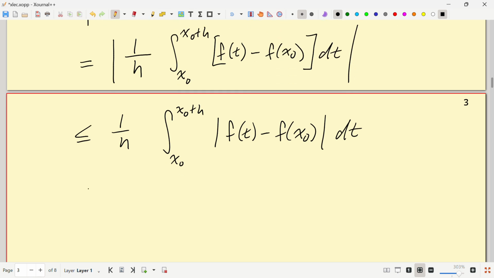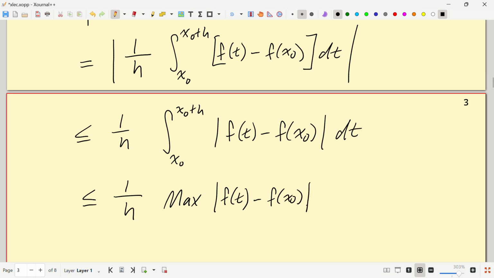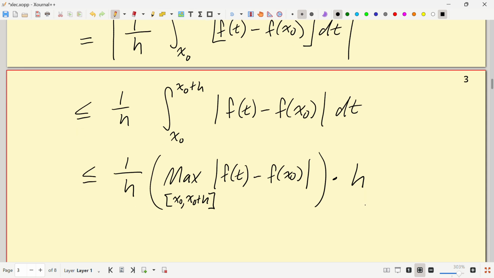Another basic estimate is that this is less than or equal to 1 over h times the max of |f of t minus f of x naught| on x naught to x naught plus h, times the base. And that's where the great thing happens: the h and the 1 over h in front cancel, and I'm left with something that I can make go to 0.